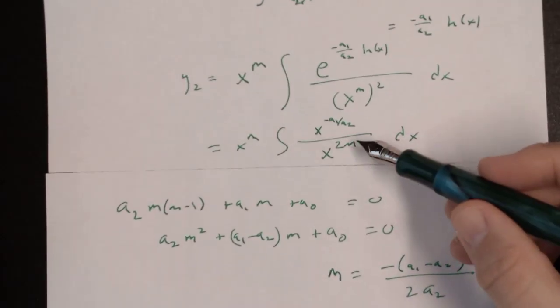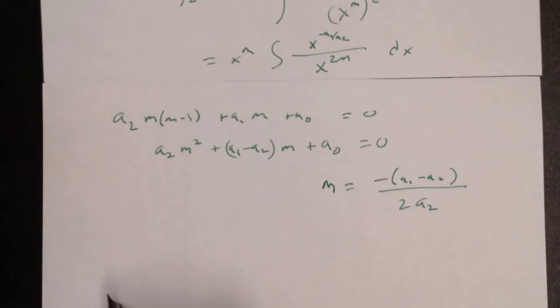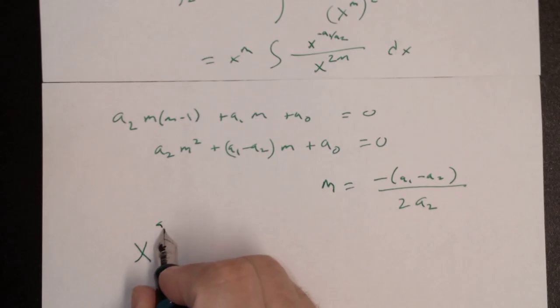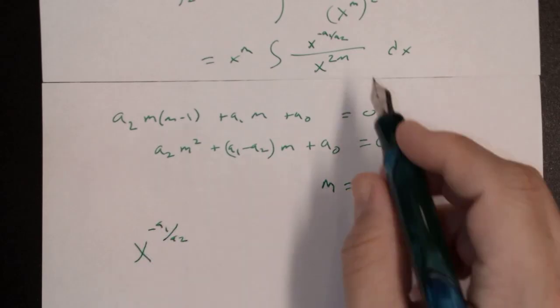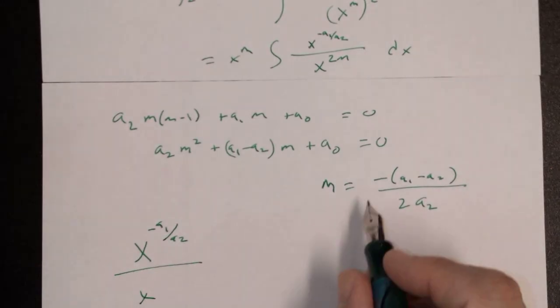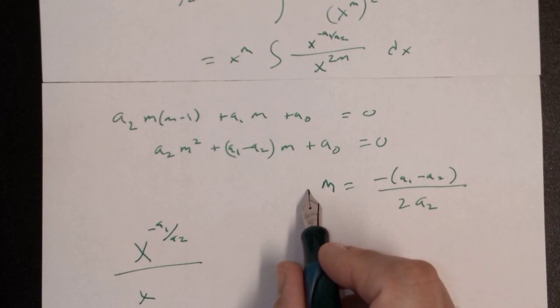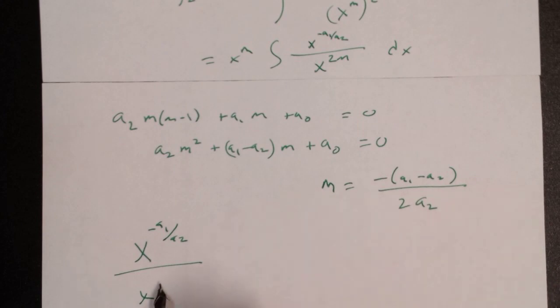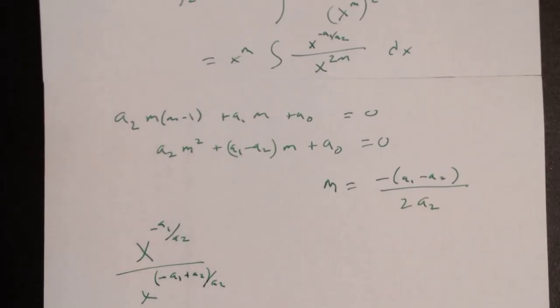Because up here, we have x raised to the a1 over a2 with a minus sign. And on the bottom here, we have x to the 2m. What happens when I put a 2 over here? Oh, it cancels out the 1 on the bottom here. And if I distribute the minus sign, I get that.